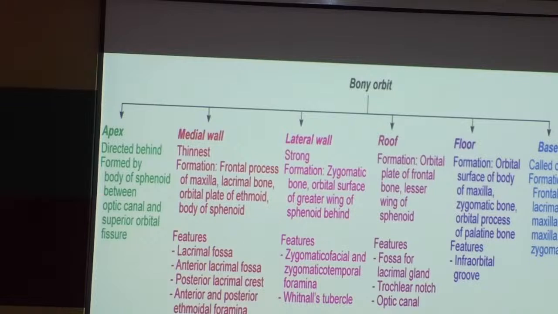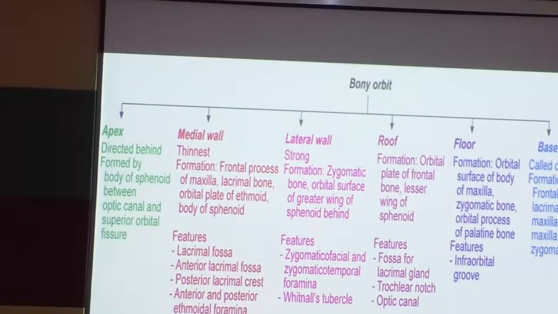And this orbital plate of ethmoid is a very thin plate of bone. Okay. And this is known as lamina papyracea. Okay, and what are the important features here? The lacrimal fossa, which is bounded by anterior and posterior lacrimal crests, and the anterior and posterior ethmoidal foramina. These are present at the junction between the medial wall and roof.